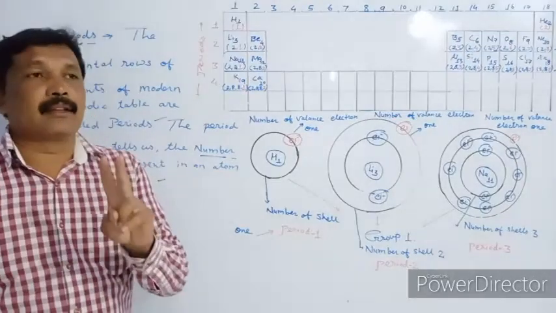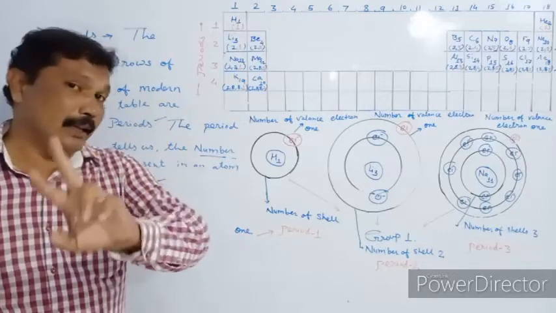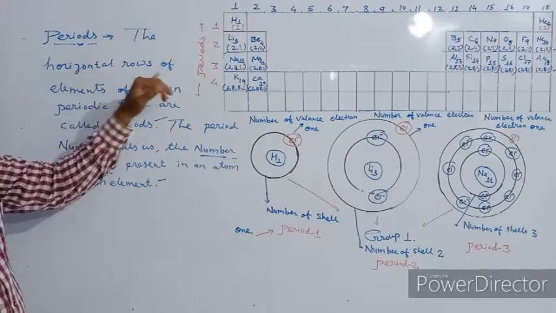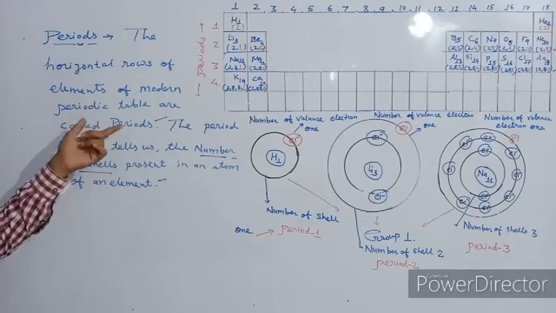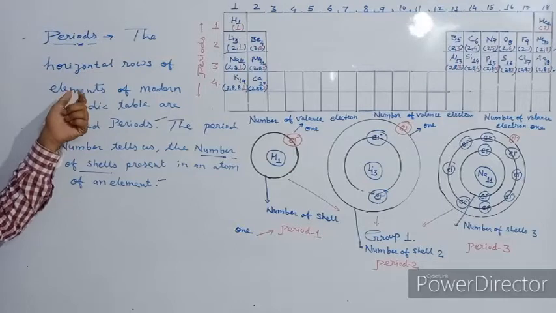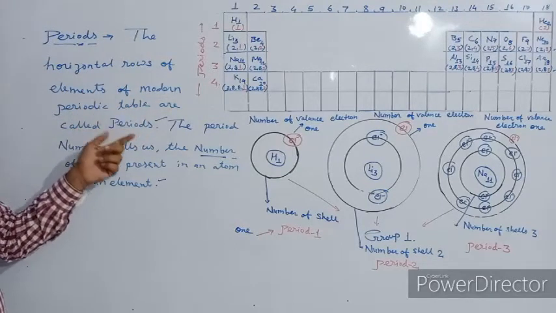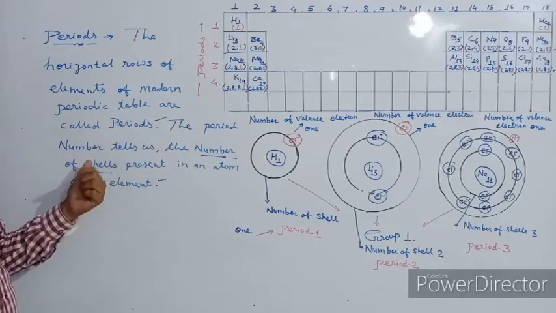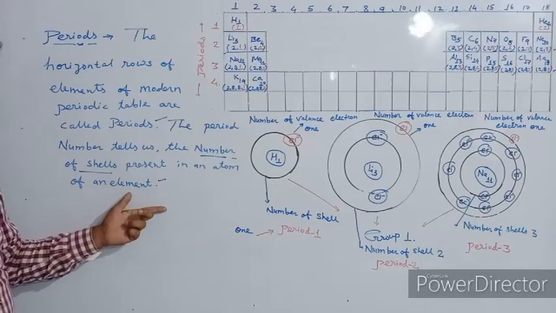Two things we have studied about periods in the modern periodic table. The first thing, the horizontal rows of elements in the modern periodic table are called periods. The period number tells us the number of shells present in an atom of an element.